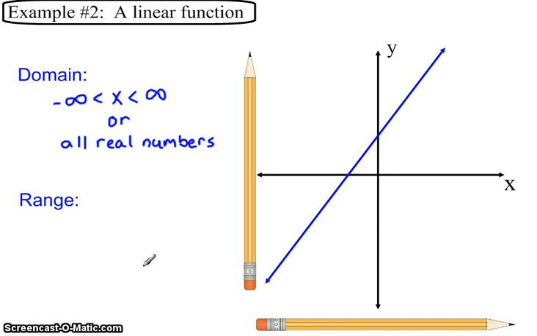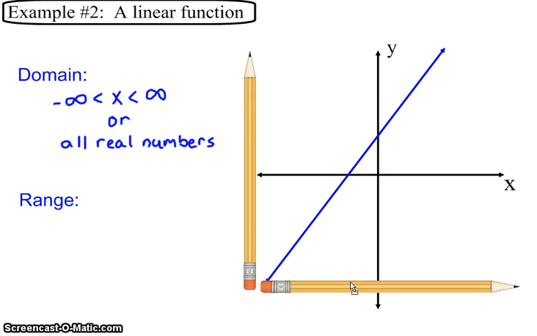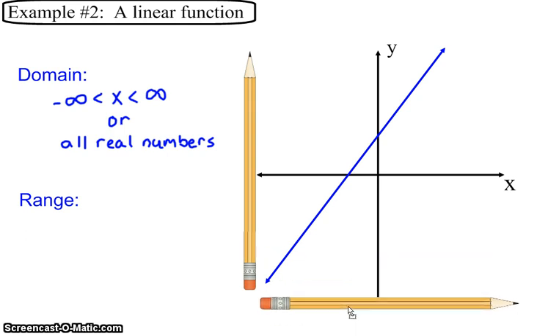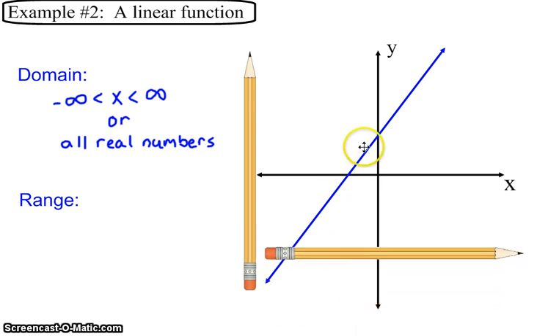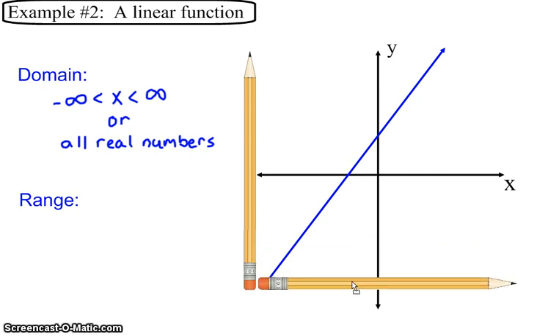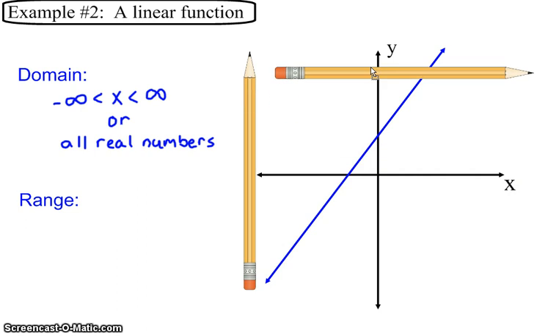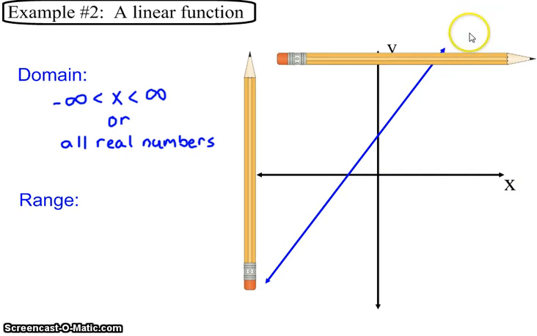Now the range is very similar. The range, I like to put my pencil going this way, and I like to go down to up. Again, this is pointing infinitely down. So in the y direction, it's also negative infinity. And as I move my pencil up, it would go towards positive infinity for y. So it's almost the exact same thing.